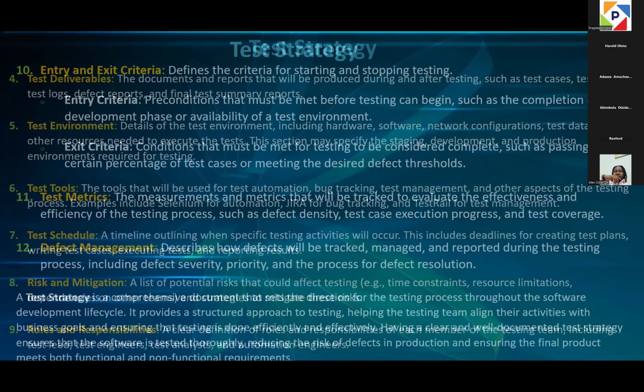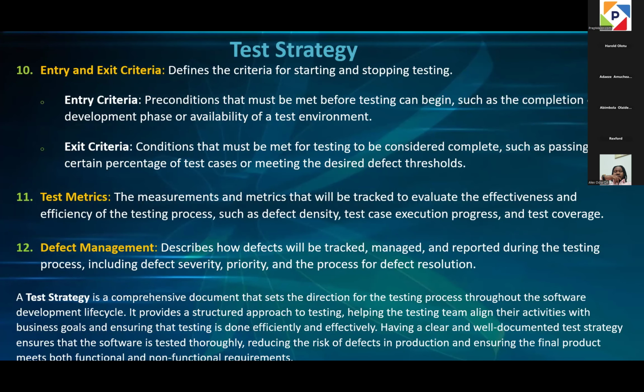We still have the entry and the exit criteria under the test strategy. We'll look at the test metrics and the defect management. It's a complete document that I will be sharing with you people and be talking more about, because when you see the complete document, that's when you will see what it looks like.